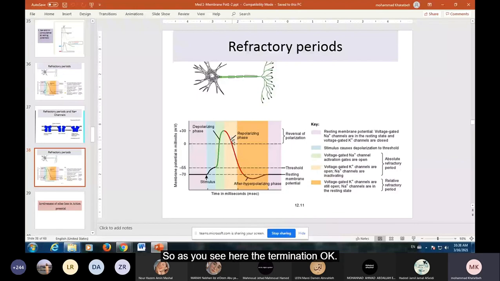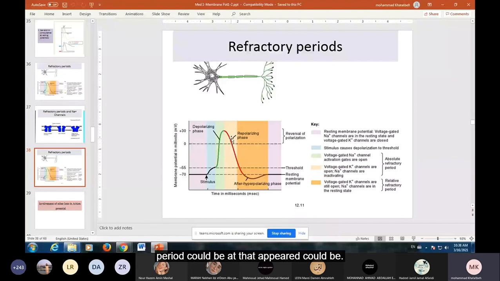So as you see here, the termination is once you have reached back toward the threshold, according to this literature. But in other literature, maybe the termination is once you have reached back the resting potential. Don't worry about the exact point of the end of the relative refractory period or the end of the absolute refractory period.